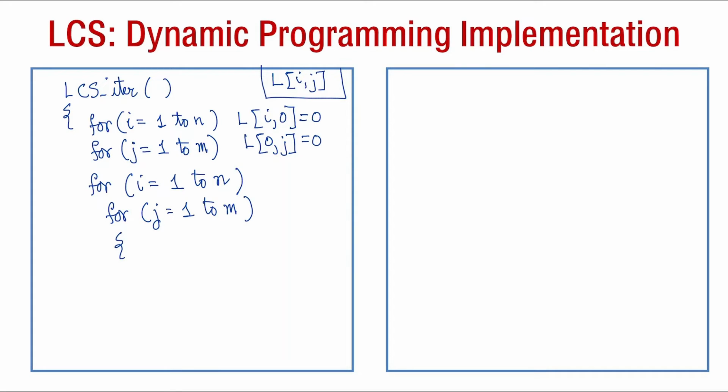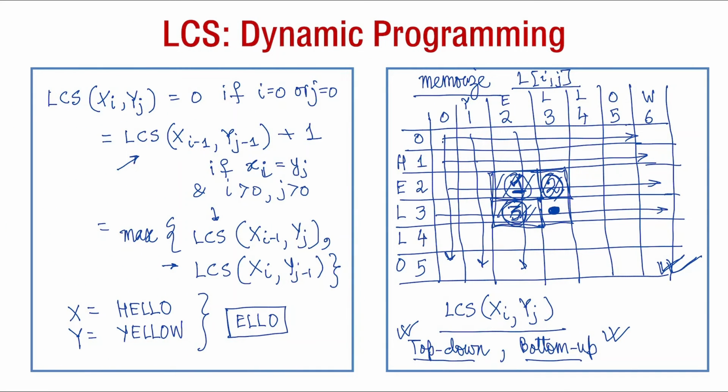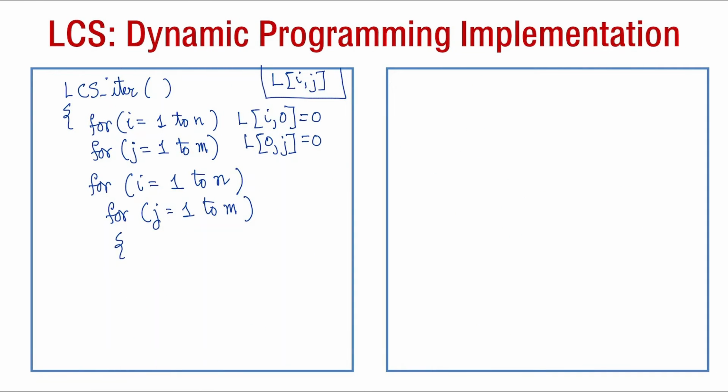And all we have to do is implement this recursive equation. And in order to implement this recursive equation, we will say if xi equal to yj, where we have stored x and y in that area, we now calculate Lij, since they have matched, is equal to Li minus 1 j minus 1 plus 1.